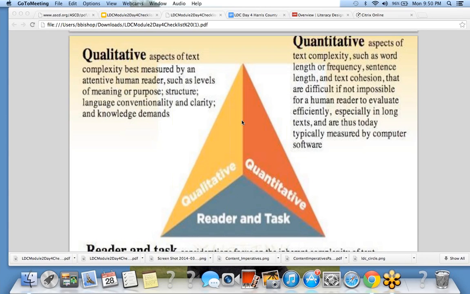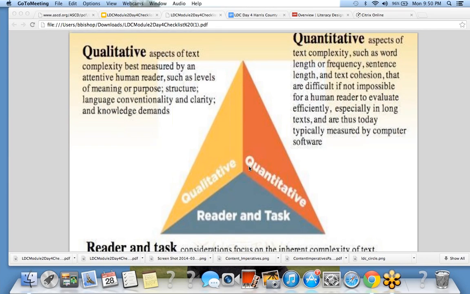We can look quantitatively at any sort of Lexile number that somebody has posted with it, or we could look at all the qualitative aspects of that text, including the vocabulary and whether it's lengthy and whether it's written with the intent to be direct, or whether it's trying to be more cryptic than that, or whether it requires additional historical or scientific information in order to even get going with it, etc.